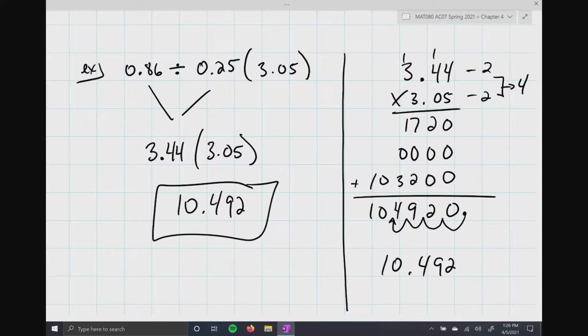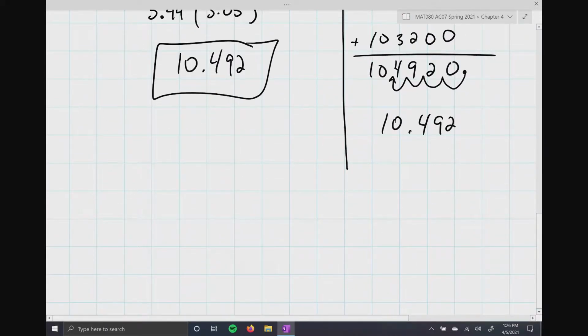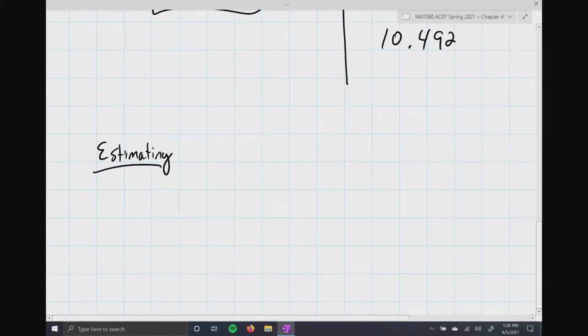All right. So let's transition a little bit. Let's go into estimating, which is the last part. Estimating, all you got to do is just read it first. That's it.